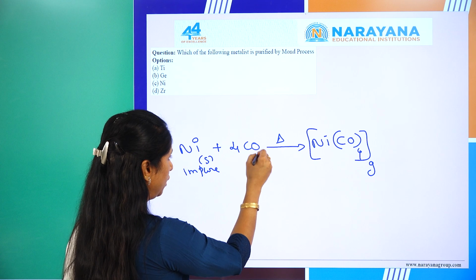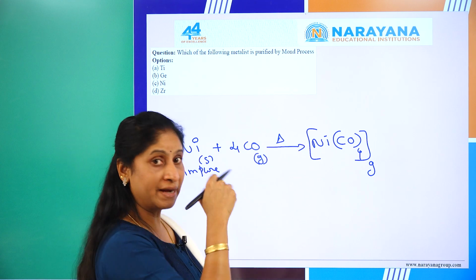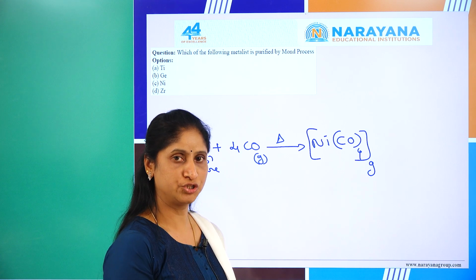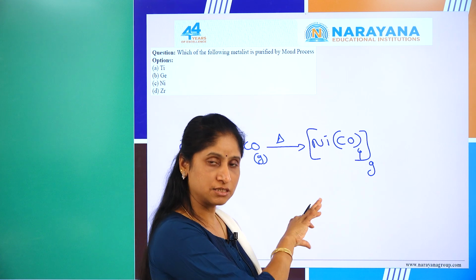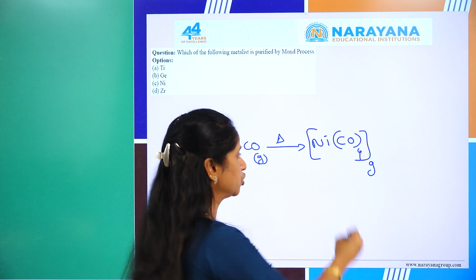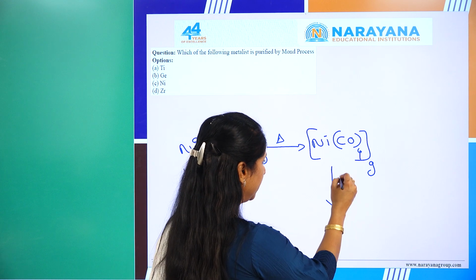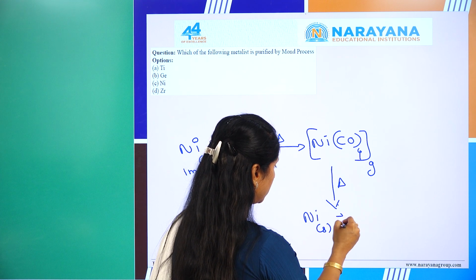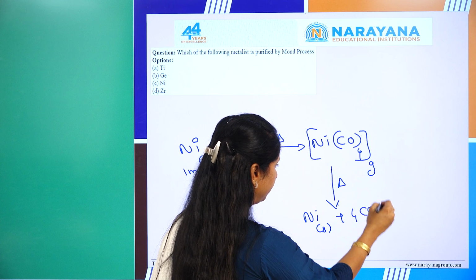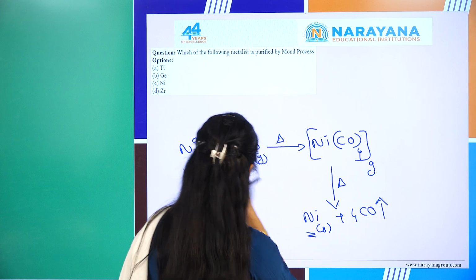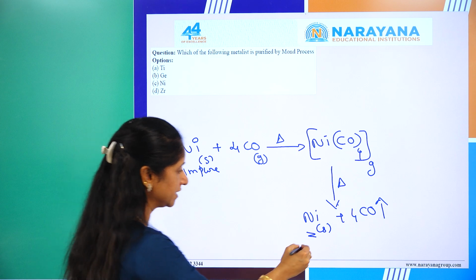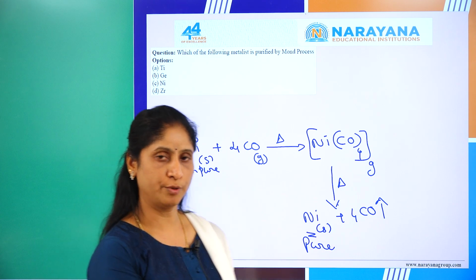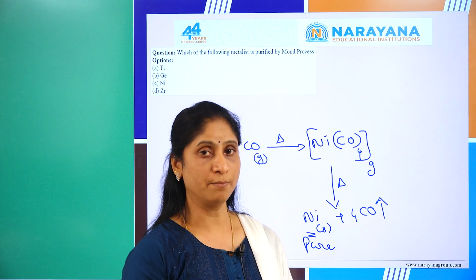Out of the impure nickel, only pure nickel combines with carbon monoxide to form the complex tetracarbonyl nickel(0) in the gaseous state. That's why we call this vapor phase refining. On further slight heating, it easily decomposes back to nickel and carbon monoxide escapes out. What is the difference between the nickel that we got and what I started with is, now this nickel is pure. This is one of the methods to purify nickel, the Mond process.